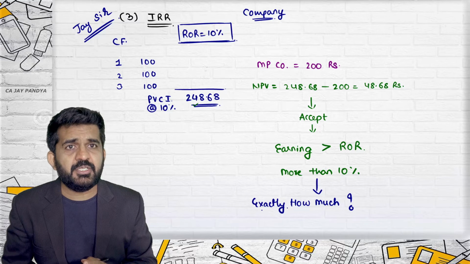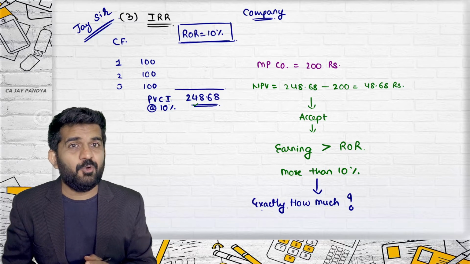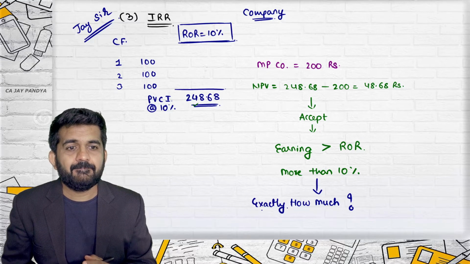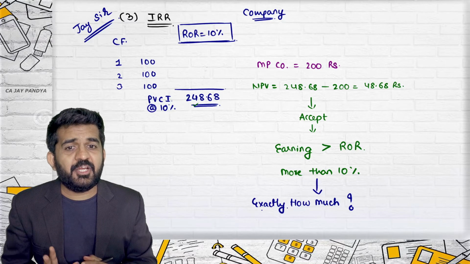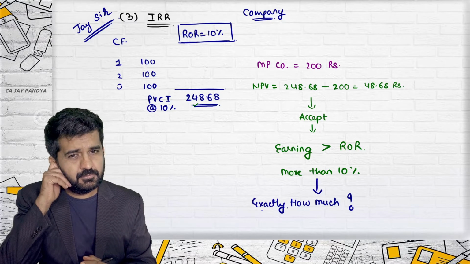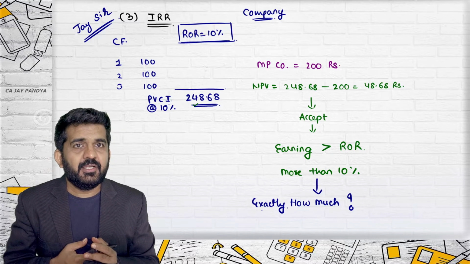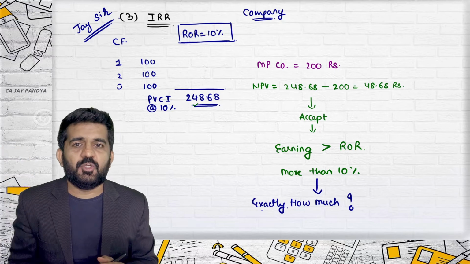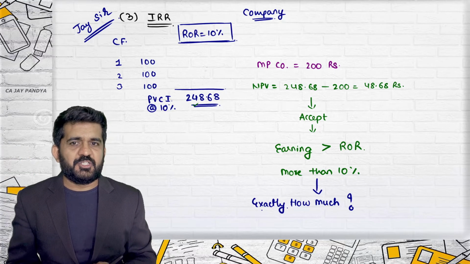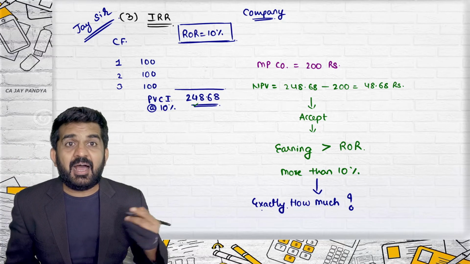More than 10%. Exactly how much? Can it be 8%? No, sir, greater than 10%. It will be greater than 10%. Say, I am giving you the answer. You cannot find it out in 2 minutes. Believe me, Hitarth. But I am giving you the answer.